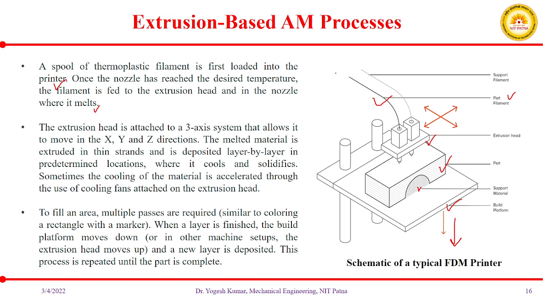Once this filament is loaded into your printer, it is fed into your extrusion head, where it gets melted, and then extrusion takes place through the extrusion head. So this is how the extrusion head works, and the material is deposited on the build platform.